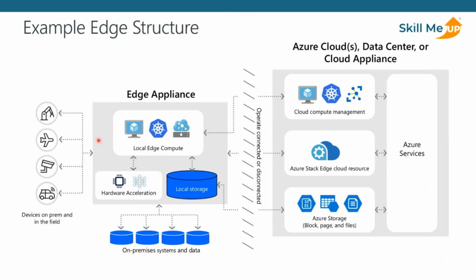So rather than having to worry about getting a full high definition stream that's constantly processed coming off of a camera somewhere, and having it look for constant data, you could have that processed at the edge, and then those frames, those pieces that are found to be key, whether it be a field study or whatever, you can grab those key high definition frames and then ship those up. So rather than having to transmit a high definition stream that's several gigabytes, you can transfer a single high definition image that is a few megabytes. And this is the type of thing that you can utilize the edge appliance for, even in a connected scenario.